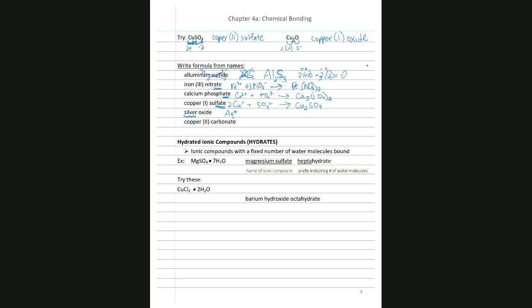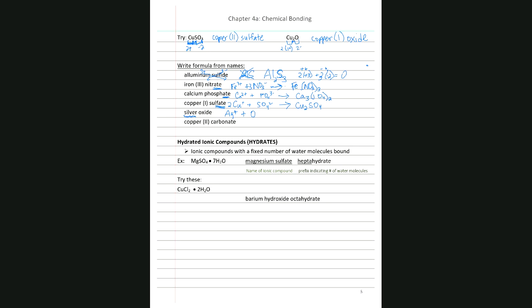So even though zinc and silver are transition metals, you'll see that they're named without Roman numerals. I won't put those two on the test because they're sort of exceptions to the rule. And I like to test students that they know the rules, but I just throw in and tell you about the exceptions so you're aware of them, but I won't try to trip you up with exceptions like silver and zinc. So if you come to a problem like that and you're like, well, what's the charge on silver? It's +1.